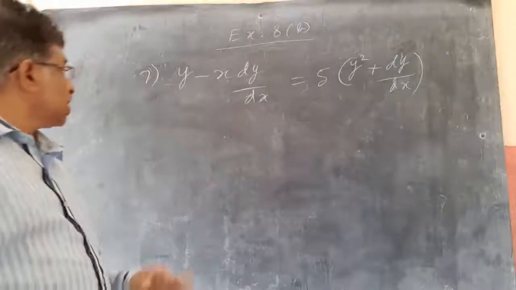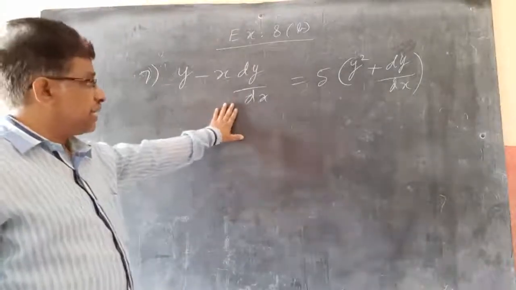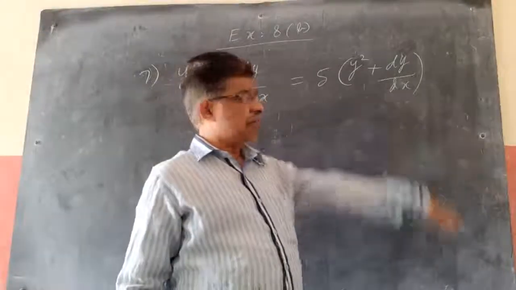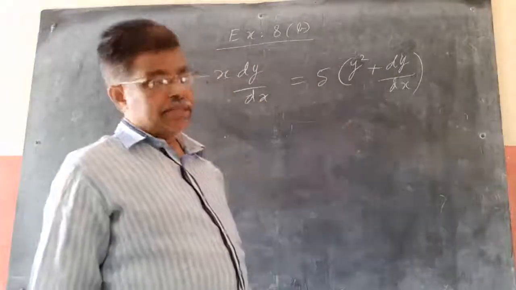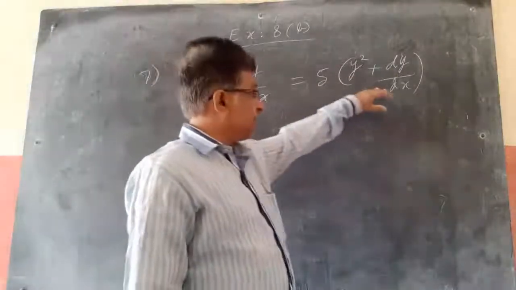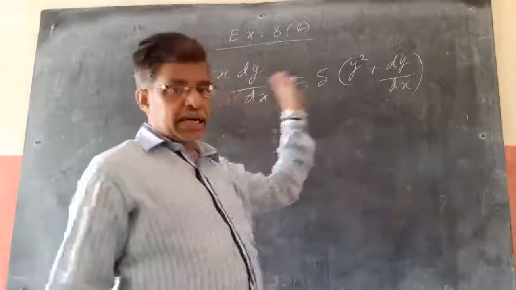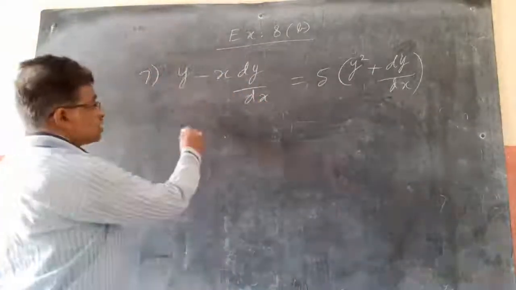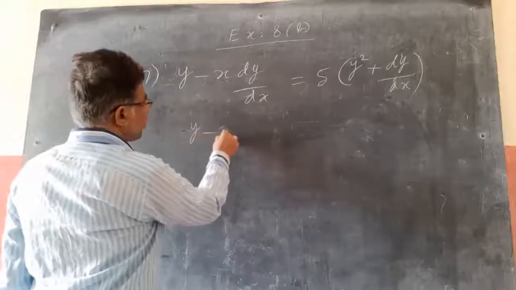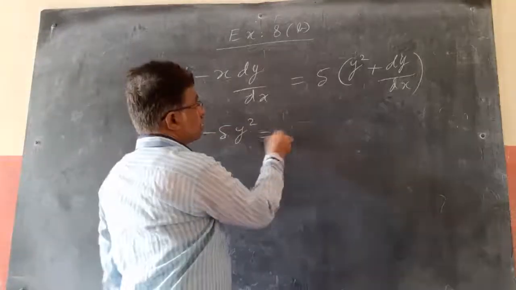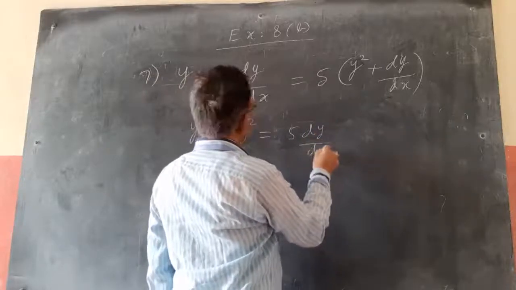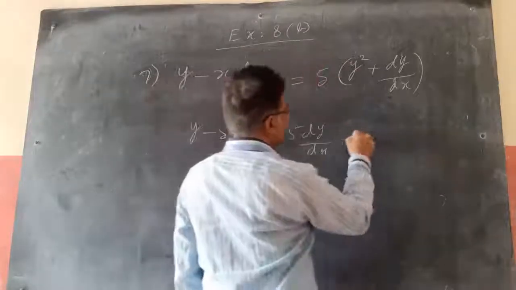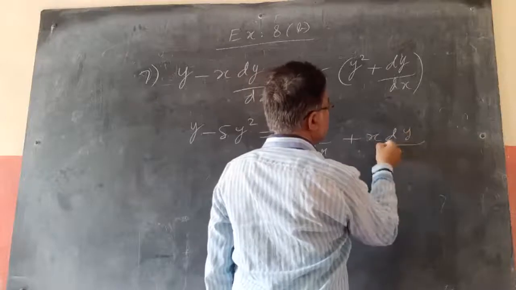Next one: (y minus x) into dy by dx equal to 5 into (y square plus dy by dx). You need to convert this into variable separable form, because dy by dx is on both sides. So bring all the dy by dx to one side. So it becomes y minus 5y square equal to 5 into dy by dx plus x into dy by dx.